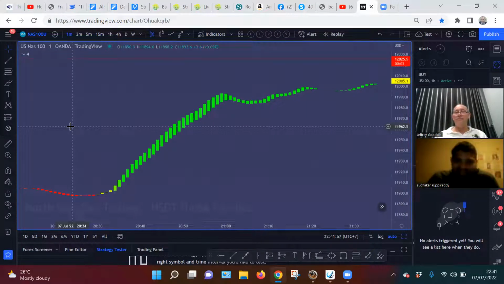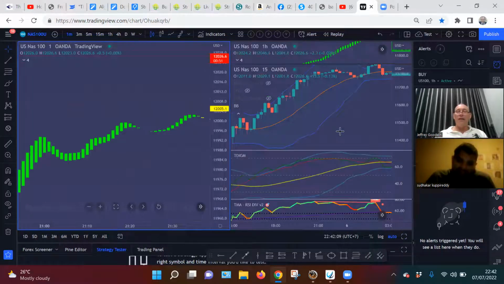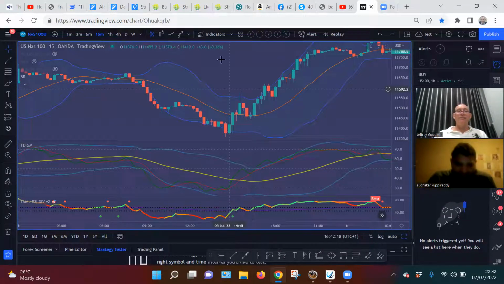This is obviously a buy, this is red. Is this easier to look at, or is this easier to look at? Yeah, that one is easy, Jeff. It is, isn't it? Which one, this one or the other one? No, the other one is easy.